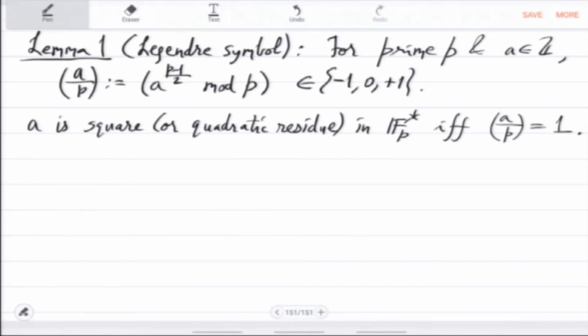This proof you have seen before. Now, what is the analog of this when p is not a prime? Note that this A by p you can compute given p a prime, but when p is composite, first of all, how do you define the analog, and second, can you compute it?